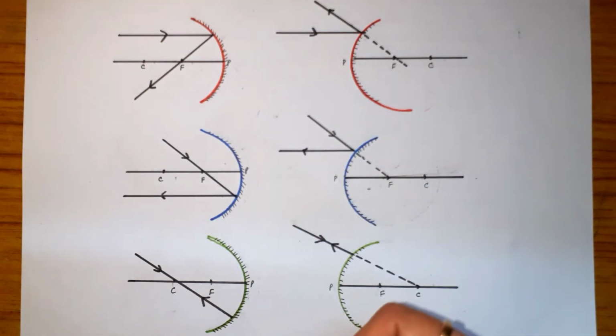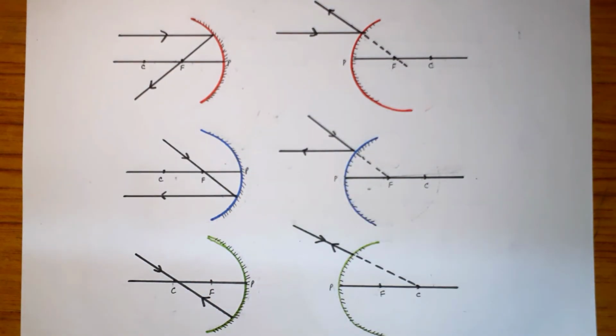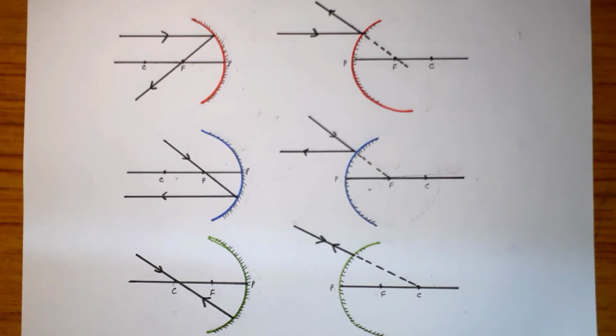And in the third one, if the ray is coming from the center of curvature, it will retrace its path, means it will go back along the same path. So these are 3 laws of reflection which we should follow, and it is very important when we'll discuss how the image is formed by spherical mirrors.